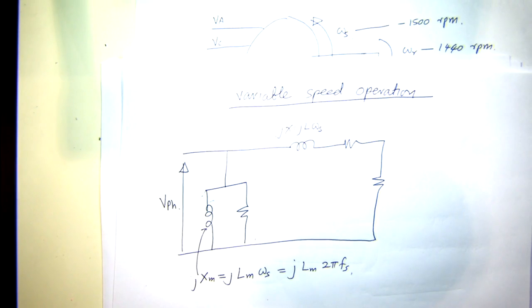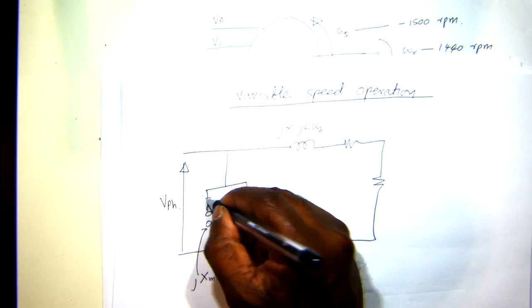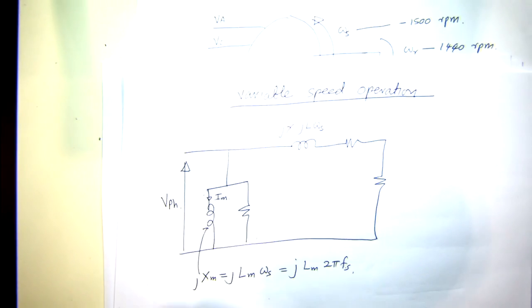So if you are supplying it at 50 hertz, this will be 50 hertz. Now look at the current going into this branch, the magnetizing current. It is important because it is the current which magnetizes the core and establishes the field in the induction machine.